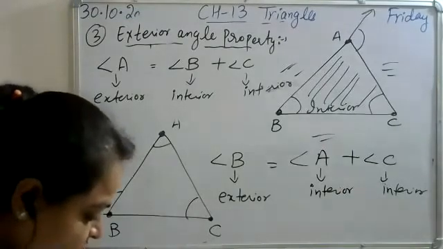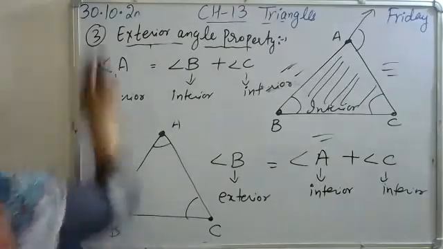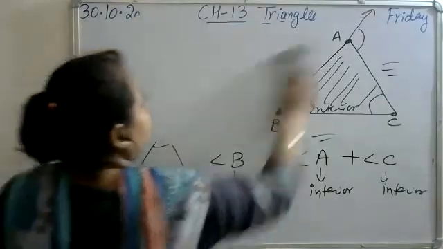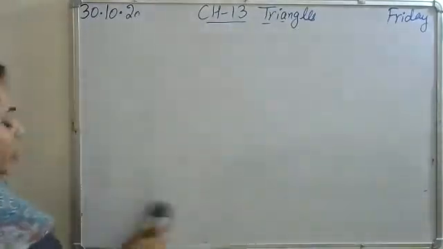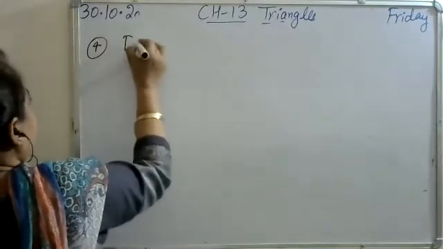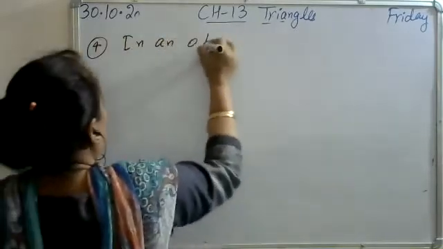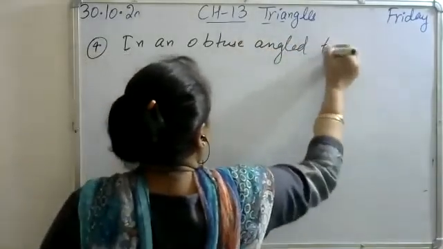So next is number 4. In an obtuse angled triangle.